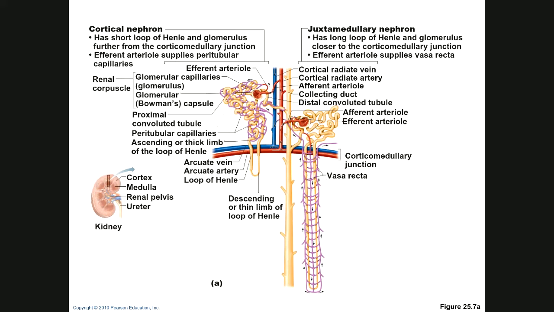So here we have a long loop of Henle, and at this point, we're calling our efferent arterioles that then become, trying to find a picture of it, our peritubular capillary. There it is right there. Our peritubular capillaries on this side are called vasa recta just because they're so long.